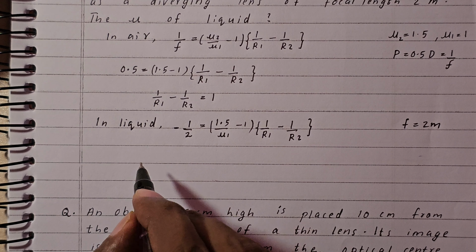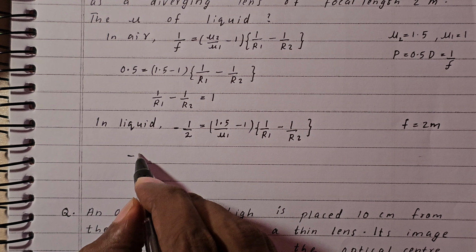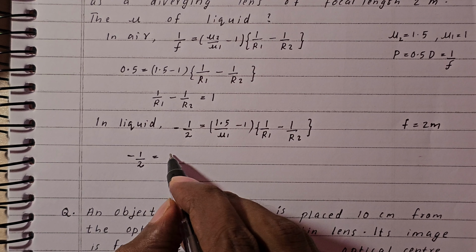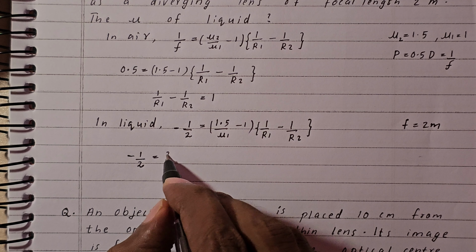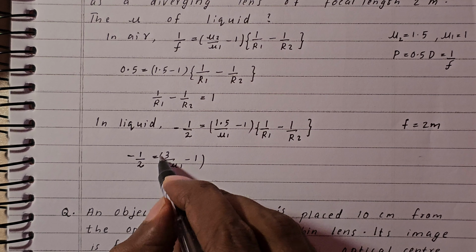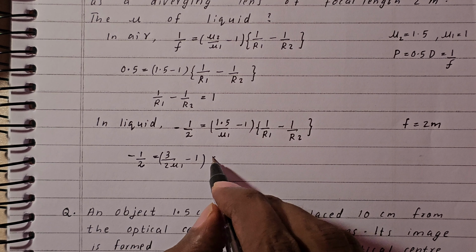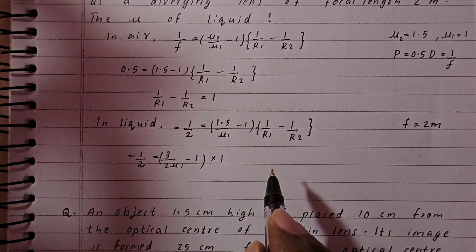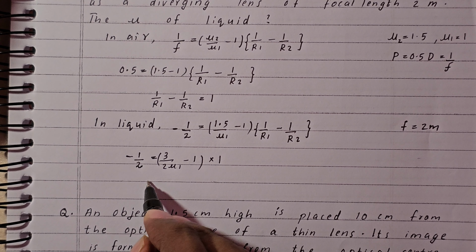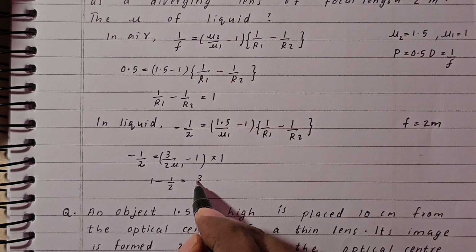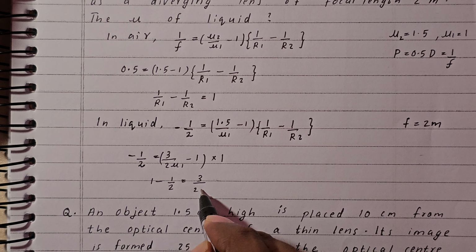So minus 1 upon 2 is equal to (1.5 is 3 by 2) 3 by 2 mu 1 minus 1 times 1. So again rearranging the equation, 1 minus 1 upon 2 is equal to 3 by 2 mu 1.